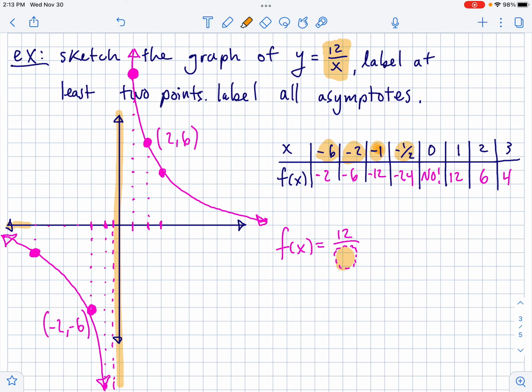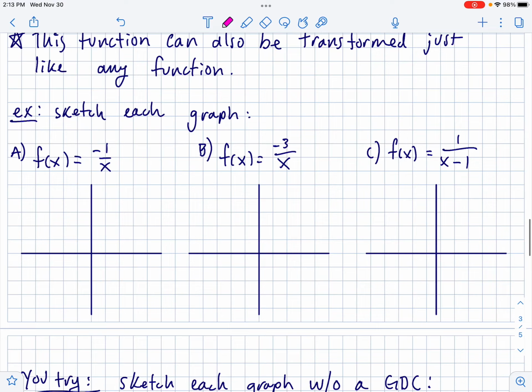So there, I labeled 2 points. Also, the asymptotes. There is a vertical asymptote on the y-axis and a horizontal asymptote on the x-axis. So we'll say the vertical asymptote is x is equal to 0, and the horizontal asymptote is y is equal to 0.